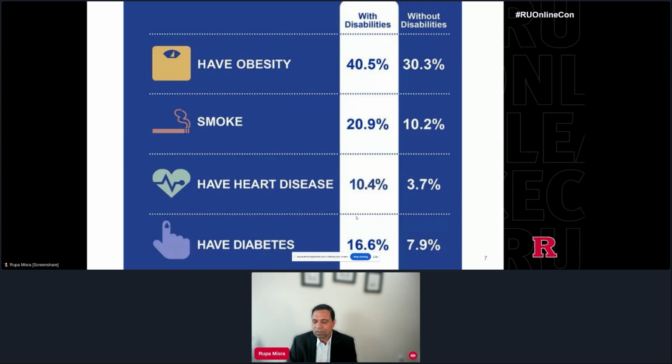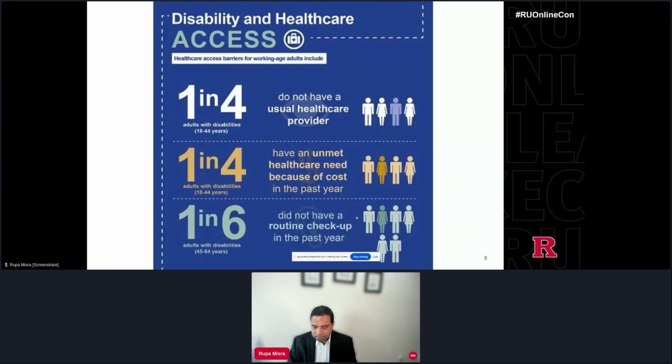What happens with people who have disabilities? You can see, without and with, obesity goes up, smoking is double, heart disease almost 2 to 3 times, diabetes almost twice. And 1 in 4 adults with disabilities do not have a usual healthcare provider.